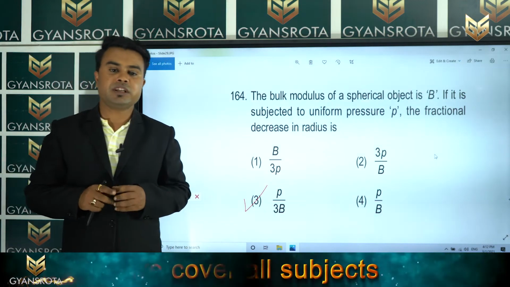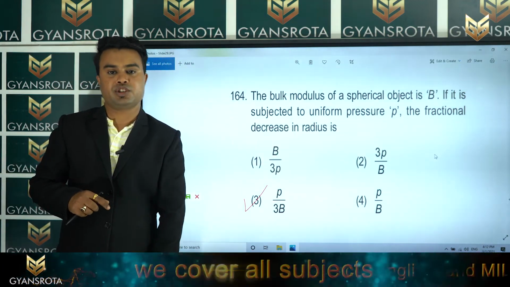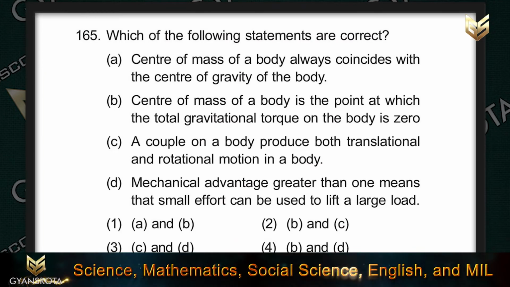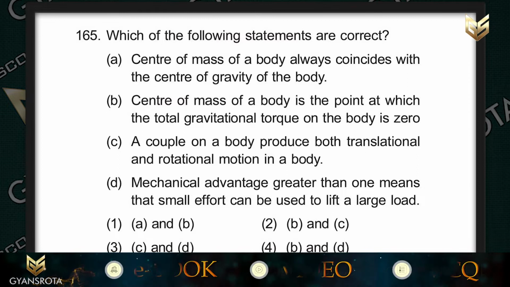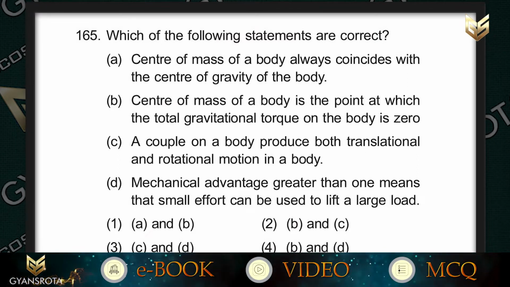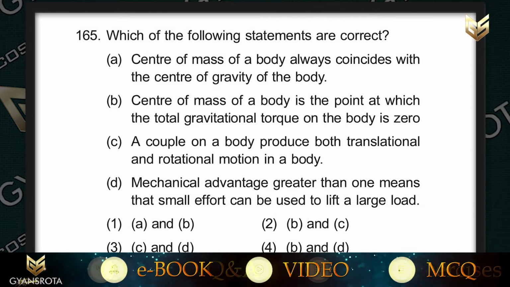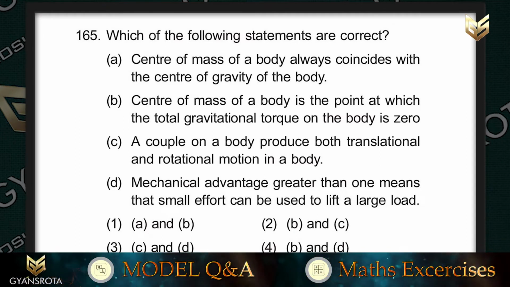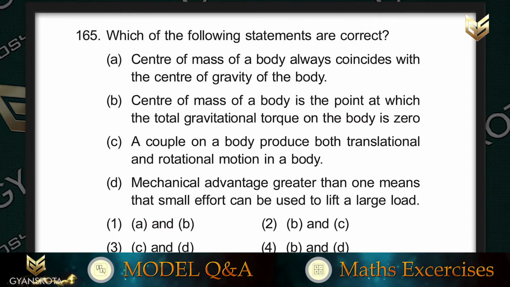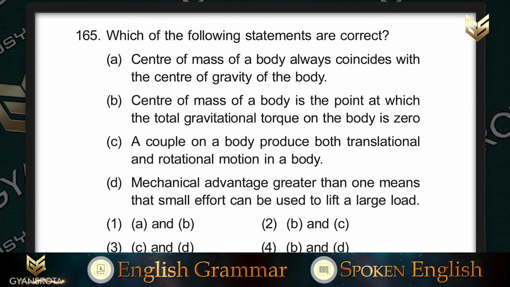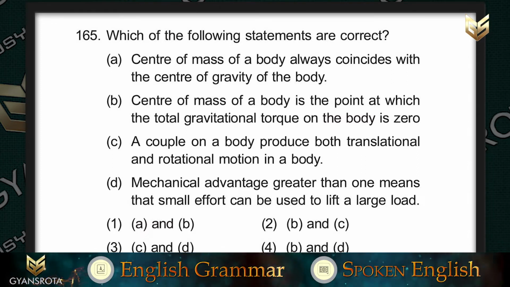So now let us move to the next question, that is question number 165. Which of the following statements are correct? Number A, the center of mass of a body always coincides with the center of gravity of the body. No. Center of mass of a body is the point at which the total gravitational torque of the body is 0. That is true. A couple on a body produces both translation and rotational motion in a body.